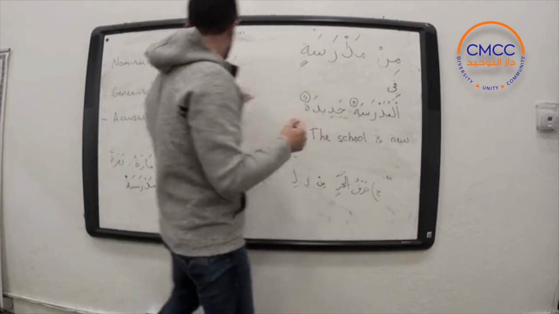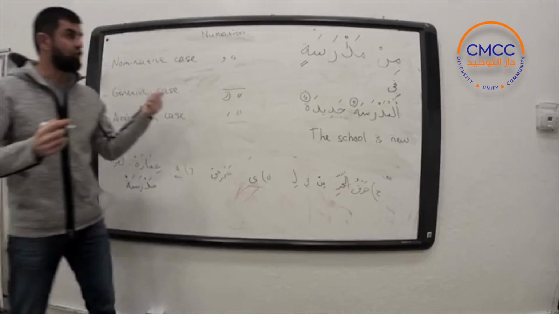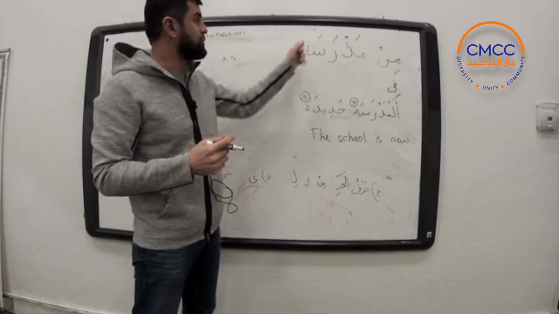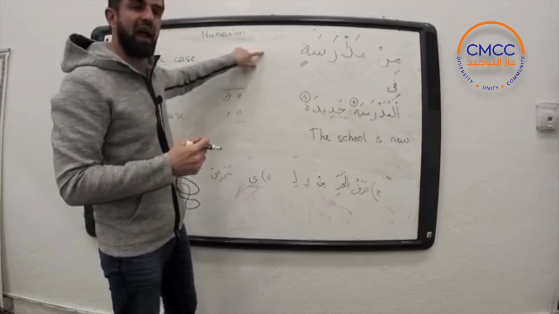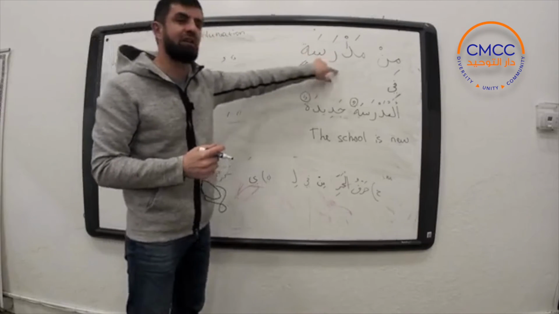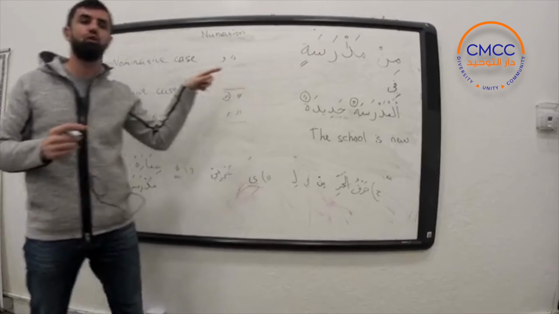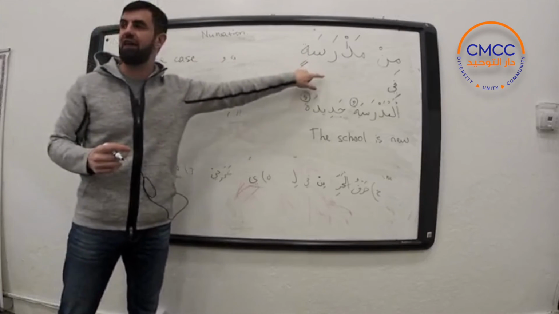But in order to explain to you the genitive case, the reason for a noun or adjective, actually we can add an adjective right here. For example, min madrasatin jadidatin, from a new school.